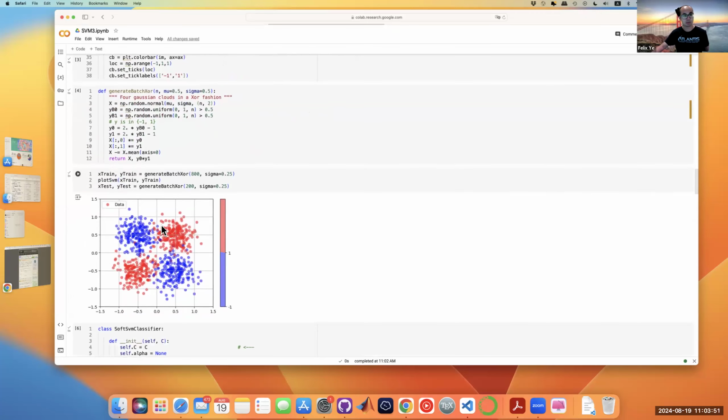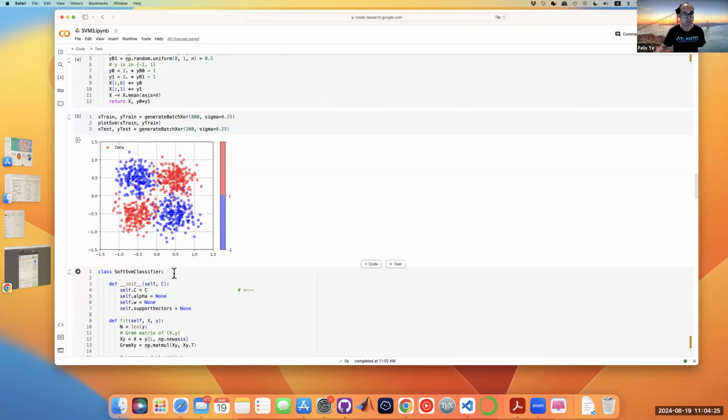Here we are using some data called XOR. You can see we have a bunch of data, where blue is -1 and red is 1. This is called the XOR data set, and for this data set, it is impossible to classify it with a linear classifier in a direct way.